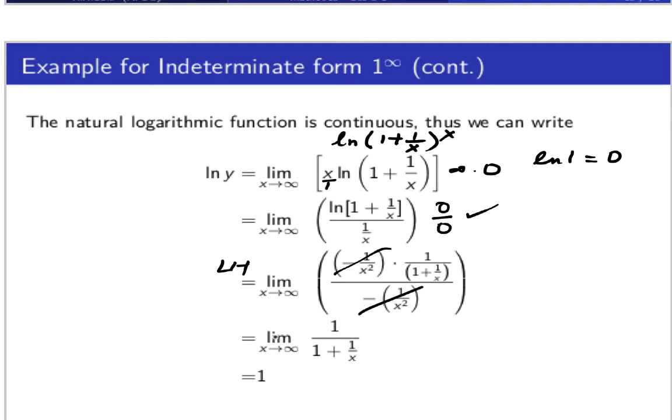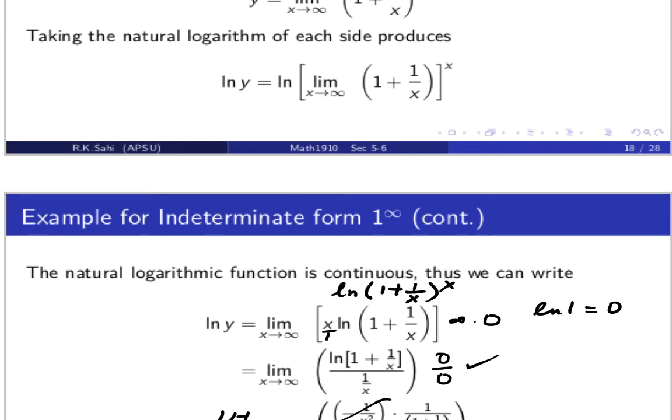What are we left with? The limit as x tends to infinity of 1 over 1 plus 1 over x. And then when we substitute infinity here, what do we get? 1 over 1 plus 0, so 1 is the answer. But remember, we're not yet done, because this is natural log of y being 1, and we have to find y.